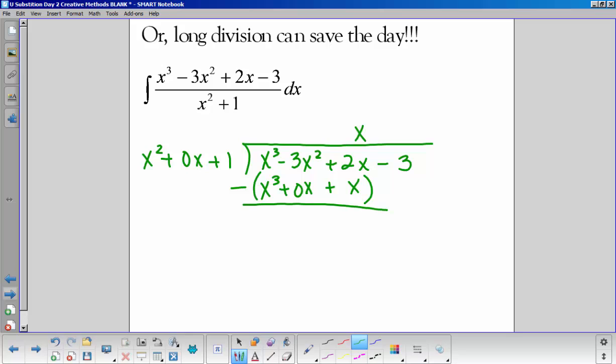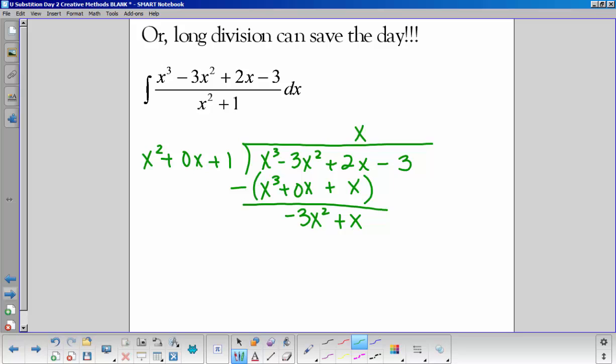And so we get x cubed minus x cubed, which is 0. Negative 3x squared minus 0. So this is negative 3x squared. Oh, plus x. You're right. I'm sorry, I am subtracting x. Yeah, 2x minus x is x. You're right.